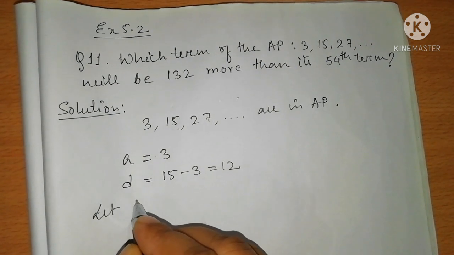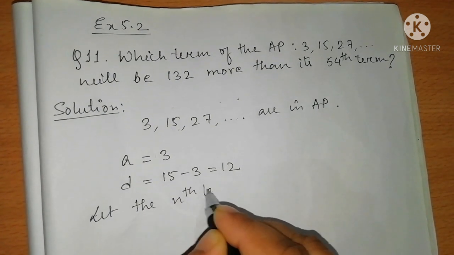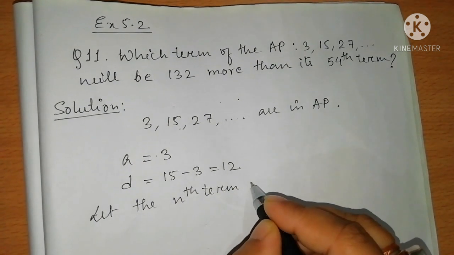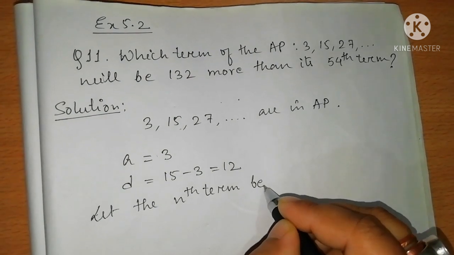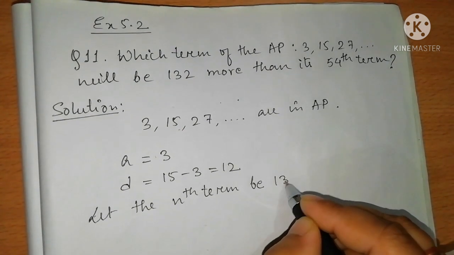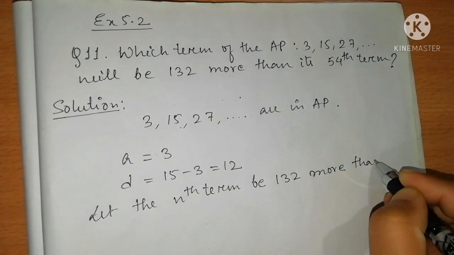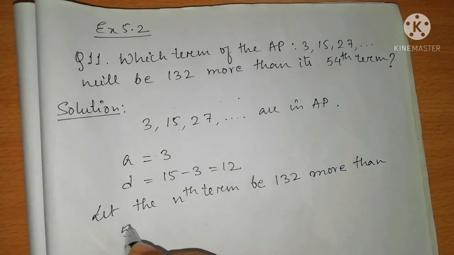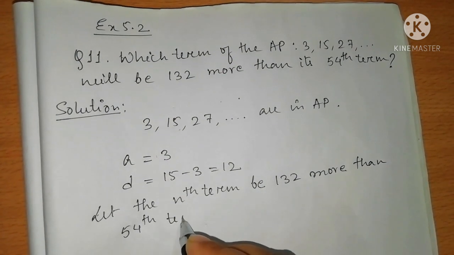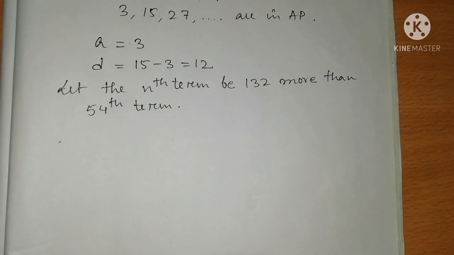So let the nth term be 132 more than the 54th term.